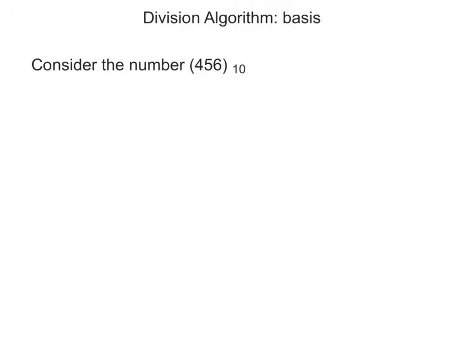Just to remind you about bases, to get a start, we'll consider the number 456 base 10. This is the number 456. Going from the rightmost digit, that's our ones digit, in other words 10 to the 0.